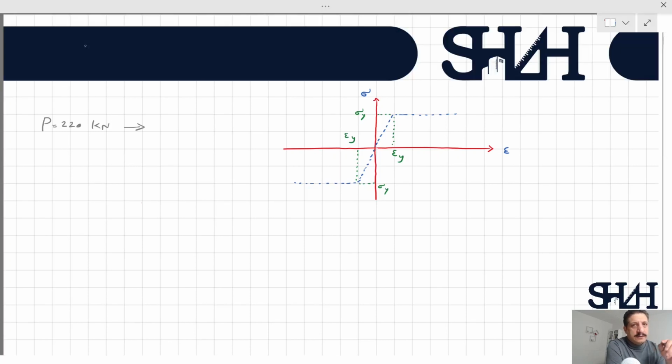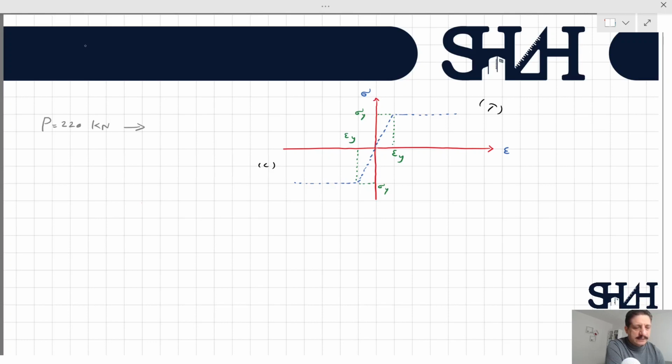We assume that we are not talking about buckling. We are just talking about the material behavior if there is not any kind of buckling in compression. The positive side is usually tension and the other side is compression.